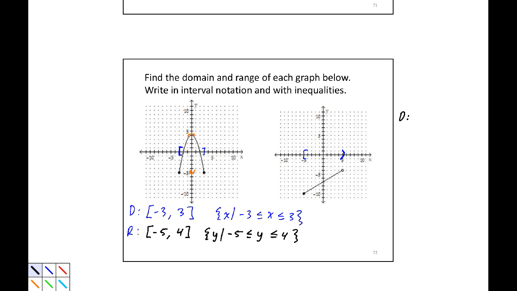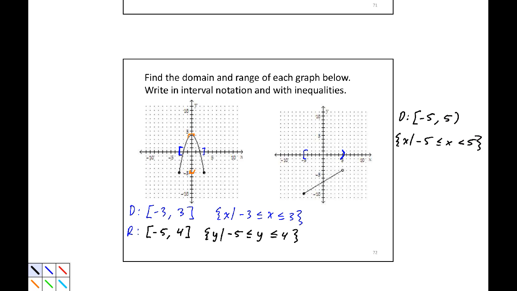So that would go minus 5 to positive 5 parenthesis, with a bracket first. That would be x such that minus 5 is less than or equal to x, which is less than 5.